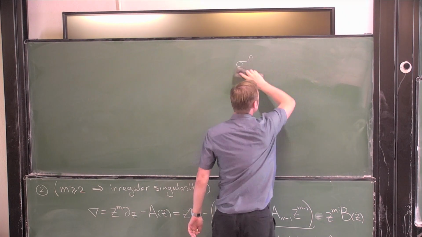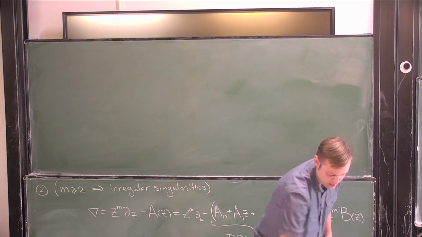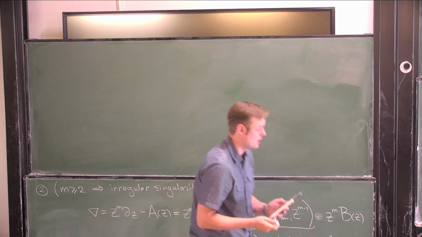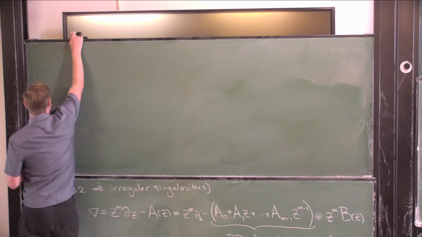The reason it's convenient to write G like this is because then it is easy to write down the inverse.